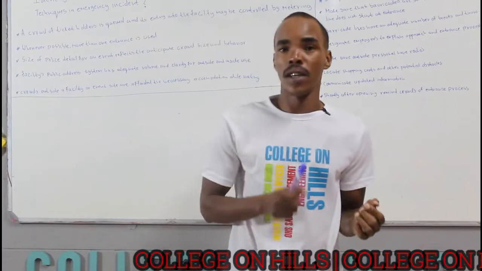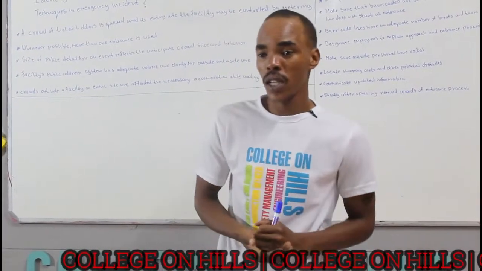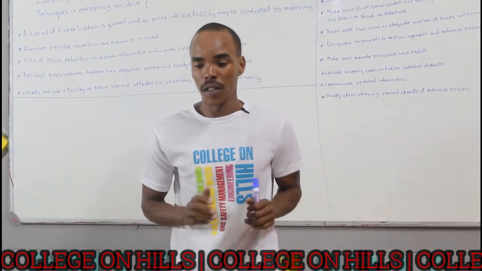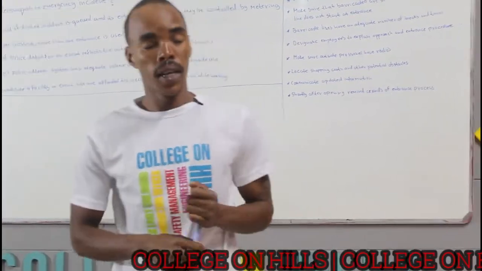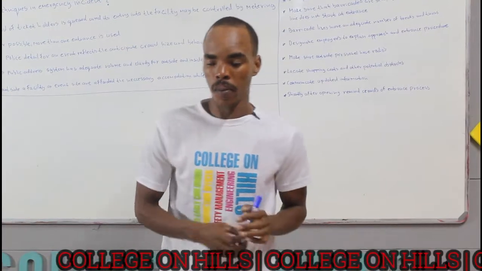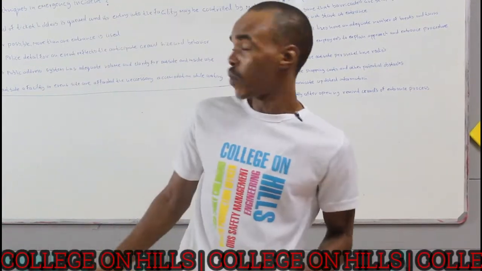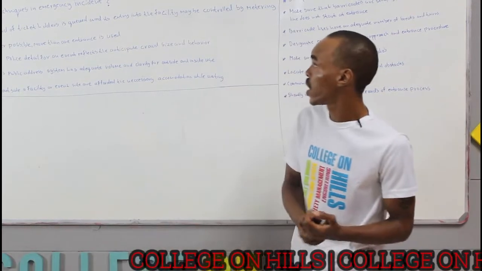There are management techniques that should be used in order to have successful crowd management in an emergency incident. We have a few pointers here, and on the board I'm also going to point out a few that I've written down for you guys.